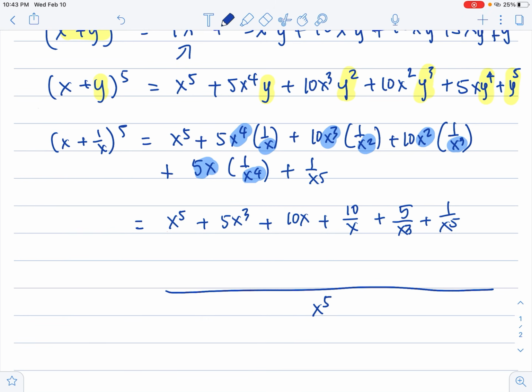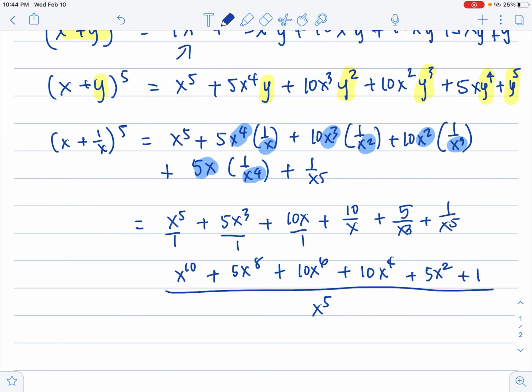X to the fifth divided by 1 times x to the fifth, that's x to the 10th, plus x to the fifth divided by 1 times 5x cubed, that's 5x to the 8th, plus x to the fifth divided by 1 times 10x, that's 10x to the 6th, plus x to the fifth divided by x, that's x to the fourth times 10, and x to the fourth, plus x to the fifth divided by x cubed, x squared, matitira 5x squared, and sa huli, meron tayong plus 1.